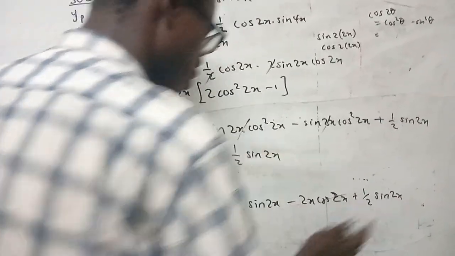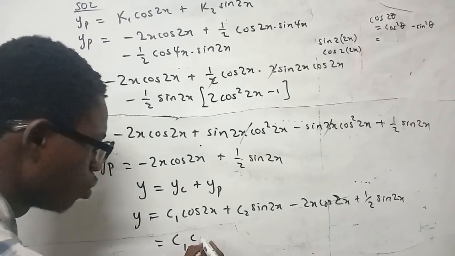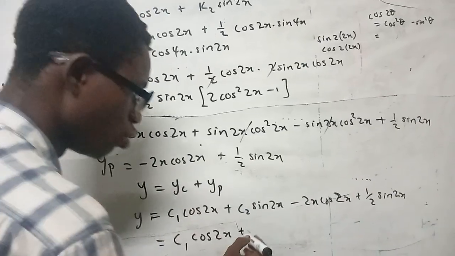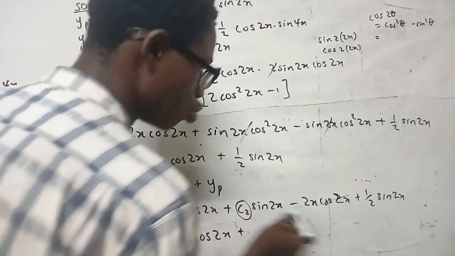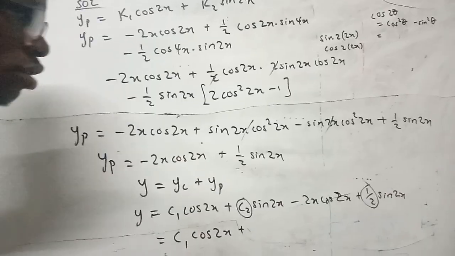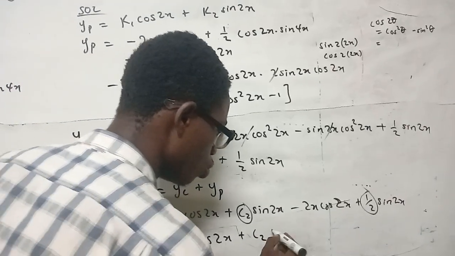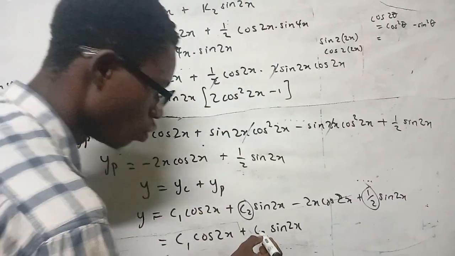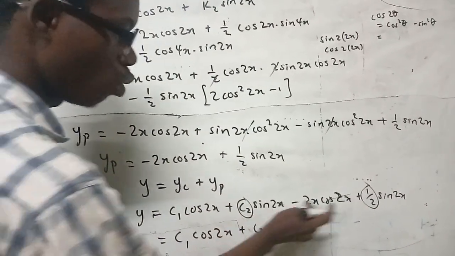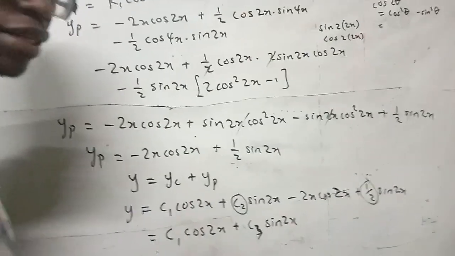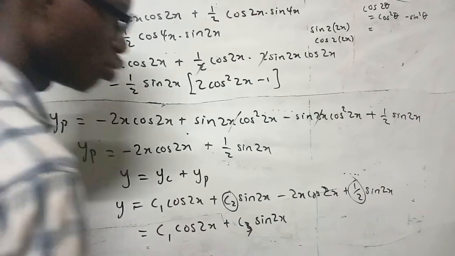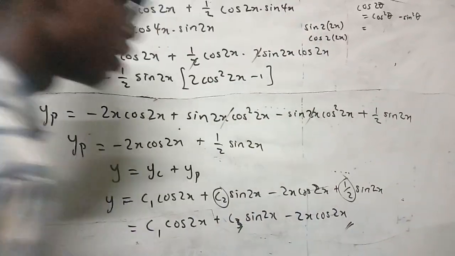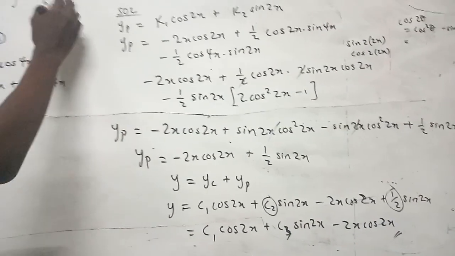Okay, this sine 2x, this sine 2x, you can write it as c1 cos 2x plus c2 plus half is also an arbitrary constant, so let me write it as c3 sine 2x minus 2x cos 2x, and this is the final answer to the second ODE.